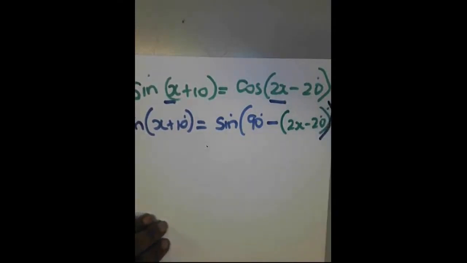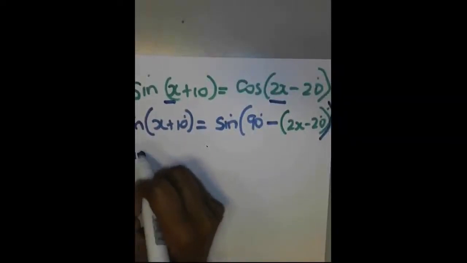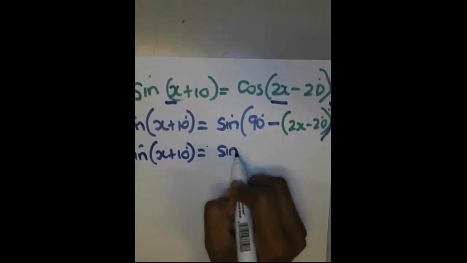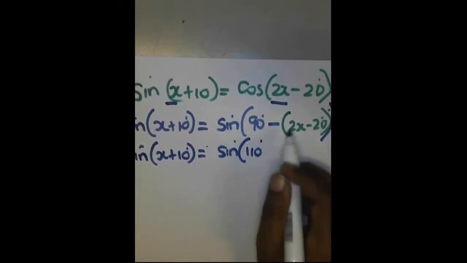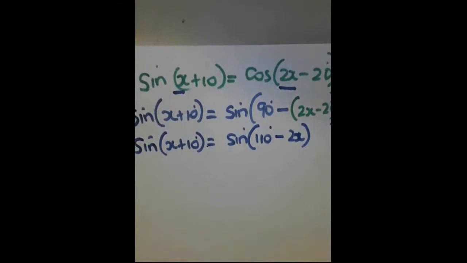Because the angles are not the same. The one angle is a double angle, and the other angle is a single angle. So I've got 90 degrees minus 2x. So now what do I end up with? Well, I end up with sine of x plus 10 degrees must be equal to sine of 110 degrees minus 2x. That is what I end up with.